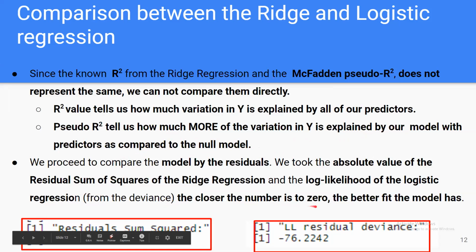And from the log likelihood of the logistic regression, we have a residual deviance of minus 76. But since we only care about the absolute value, we have a 76 here. And since 76 is closer to 0, we have a better model with the logistic regression.